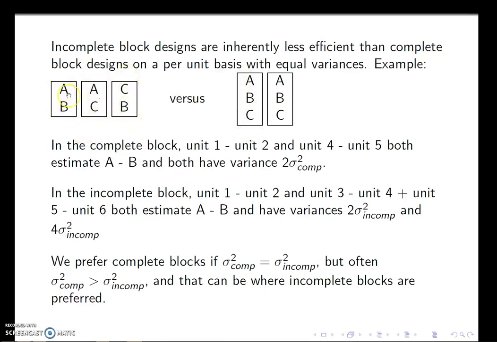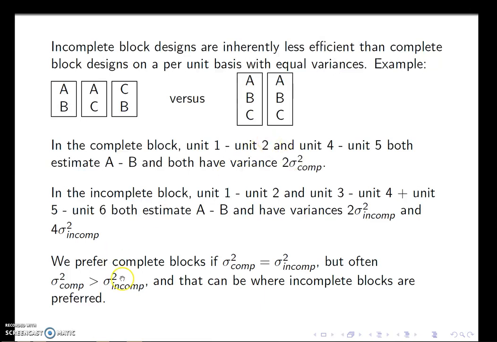And notice A appears 2 times, C appears 2 times, B appears 2 times, but it happens within 3 research subjects rather than 2. So it's just less efficient. In the complete block, Unit 1 and 2, Unit 4 and 5 both estimate A minus B, but in the incomplete block, it's a little bit more complicated.